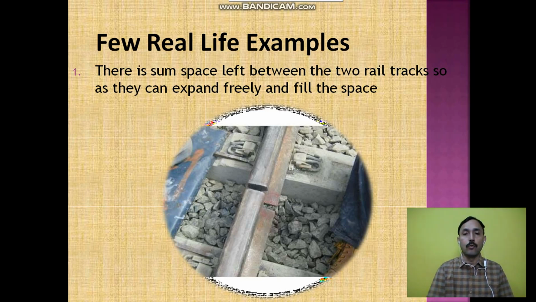Again, during cold, they will contract and it will not break the line, so that the service becomes undisrupted.